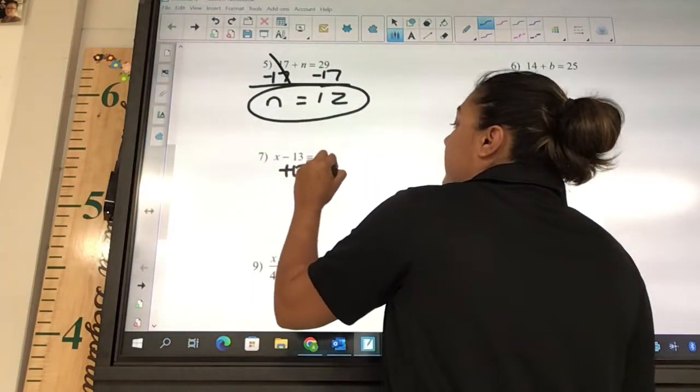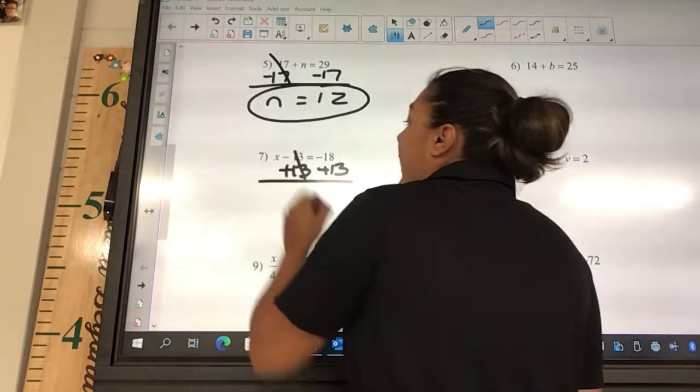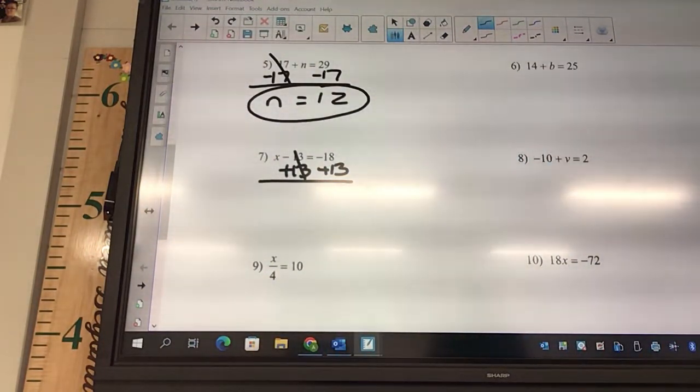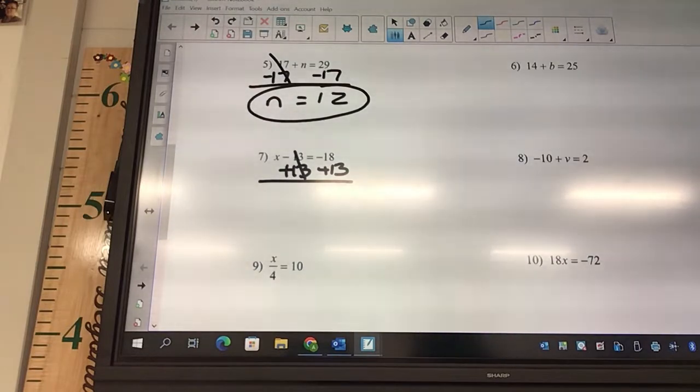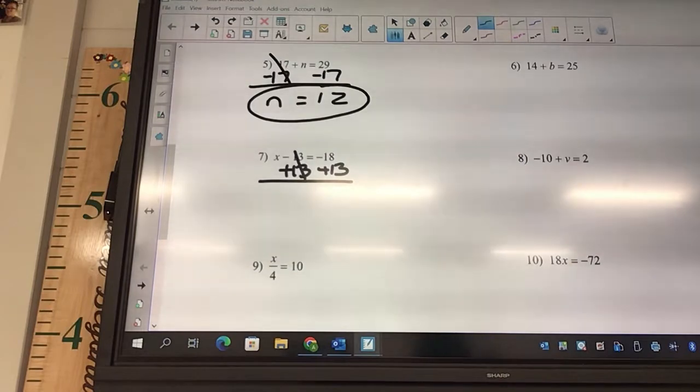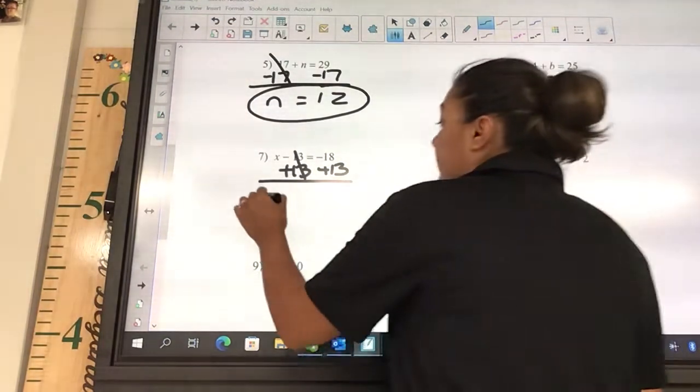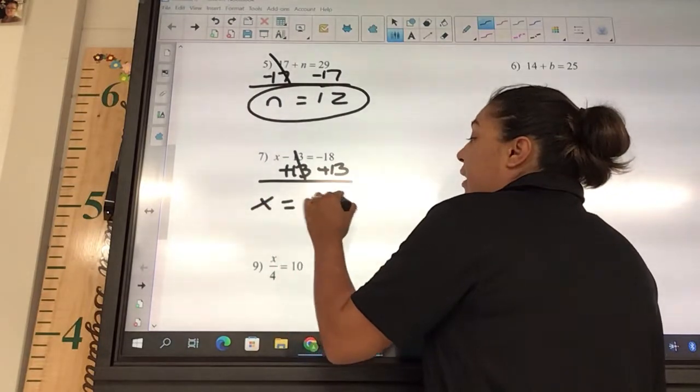If you do it to one side, you need to do it to the other side. I hate to say this, but for probably 50% of you, you need to be using a calculator. Because you're working with negatives and positives, some of you guys are going to screw it up, okay? So, -18 + 13, -5.